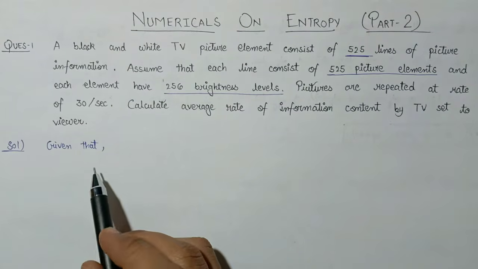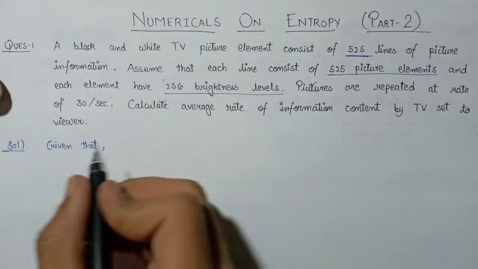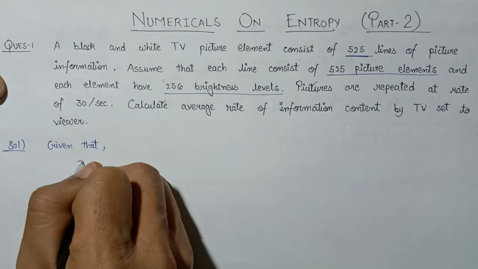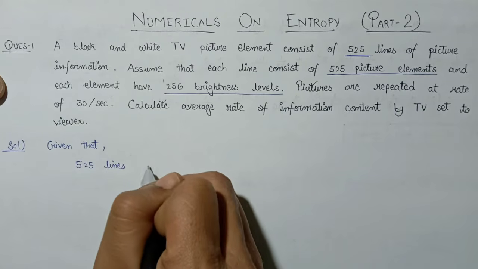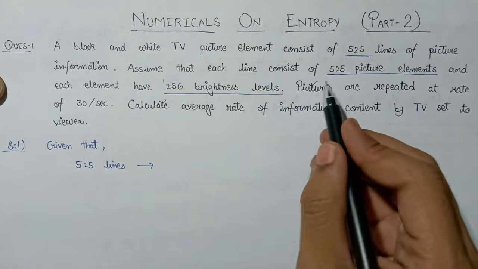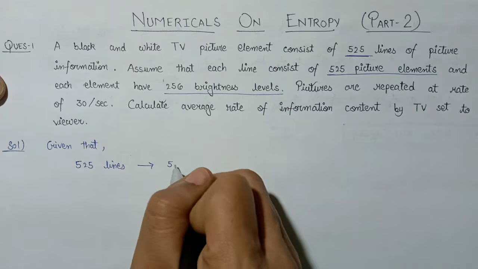So here is the solution, and we are given that there are 525 lines of picture. In each line there are 525 picture elements.